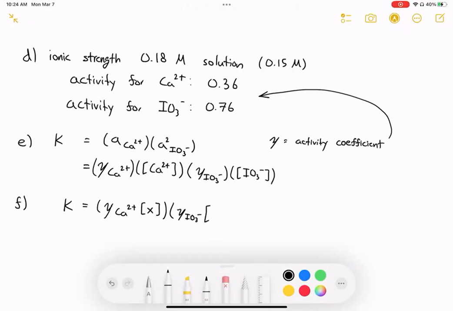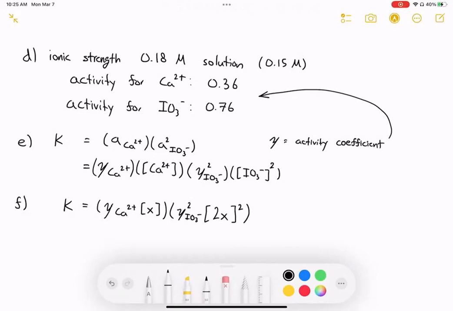Oh, so remember we had to square these. I forgot to do that. So we had to square the coefficient of the gamma right there. So it'd be both of this squared times the solubility or the concentration, 2x squared. And that's because there is twice the amount of iodate ion.